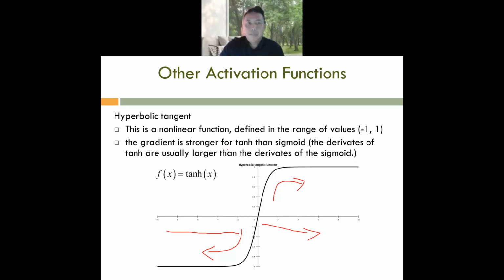So the gradient is stronger for this hyperbolic tangent than the sigmoid, because we have stronger value here compared to the sigmoid, which is only here. A stronger gradient means whatever changes in x, it only will change your y a bit only. So for the hyperbolic tangent, the bigger the value you change in x, it will only produce a little change in your y, because they have a deeper slope.